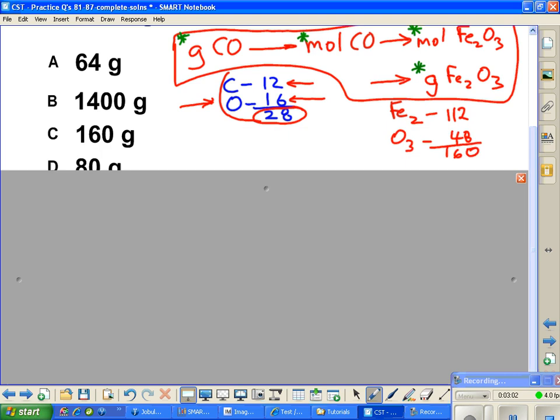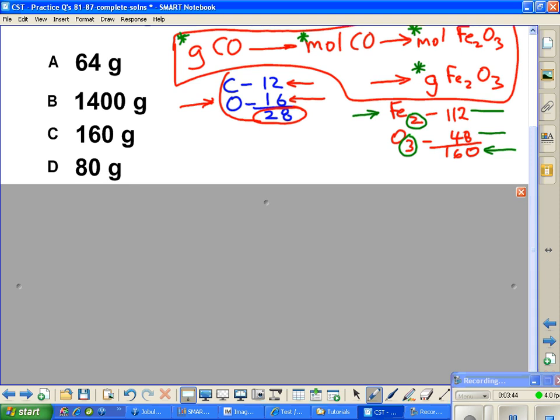Over here, we are also going to need the number for rust. We've got iron at 56 times 2, which is 112, so we're just multiplying the molar mass of iron by 2 because we have 2 irons in the molecule. Then we multiply the molar mass of oxygen by 3 because we have 3 of those in the molecule. So 48 for oxygen and 112 for iron, and our total is 160.